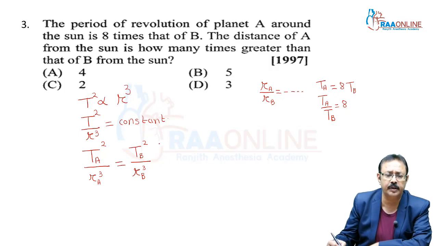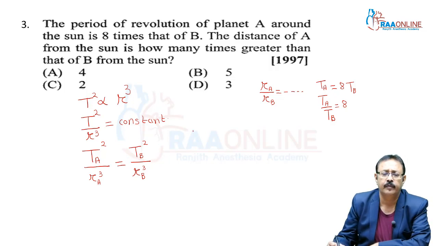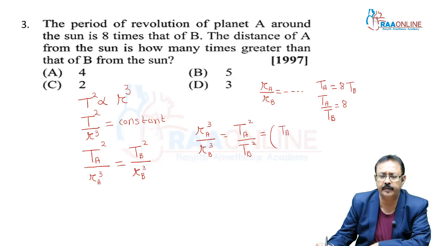So I am using this result now. What is RA cube by RB cube? RA cube by RB cube is equal to TA square by TB square, means TA by TB whole square.